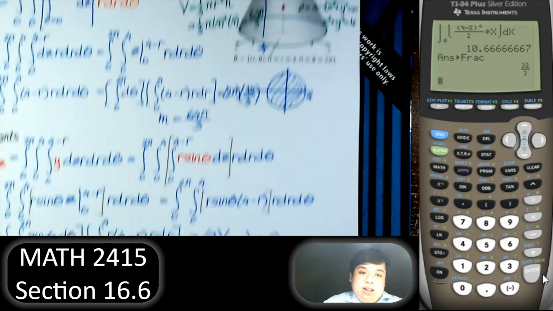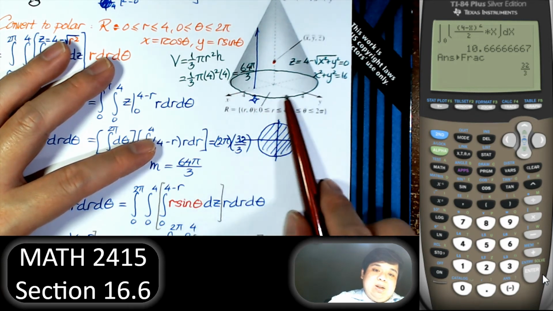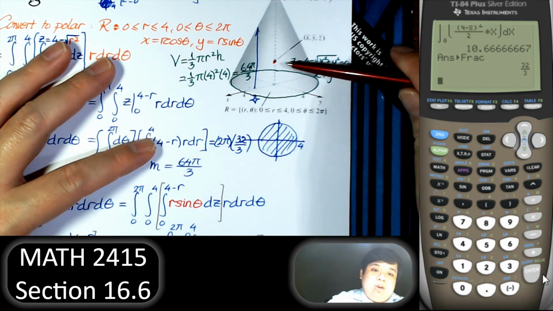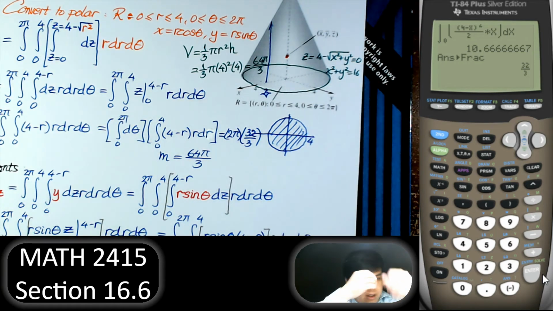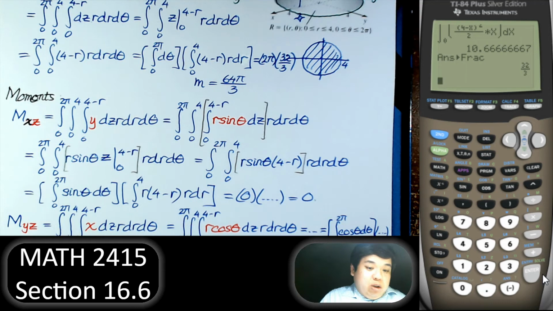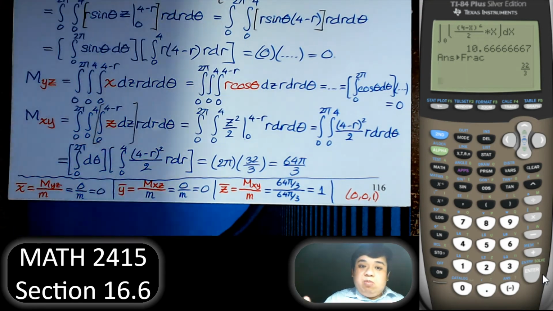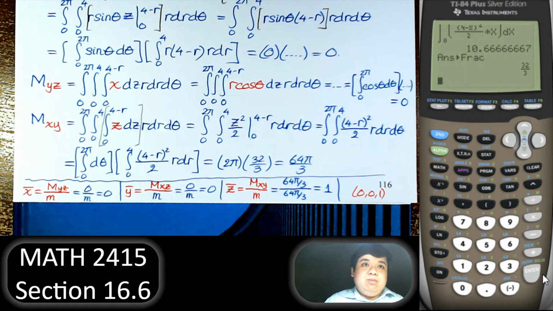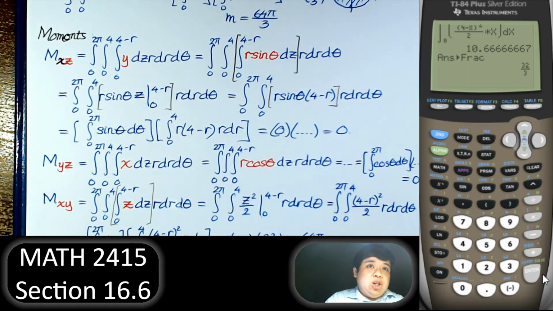And then z, because this is a constant density, the base will be heavier than the top. So the center of mass will go toward the heavier side. So that does happen to be 1. Right. It's not that bad. The concept is pretty simple. We calculate the mass, just the volume with the density stuck to it, and then the moments, distance to a plane or distance to a line, doesn't matter.